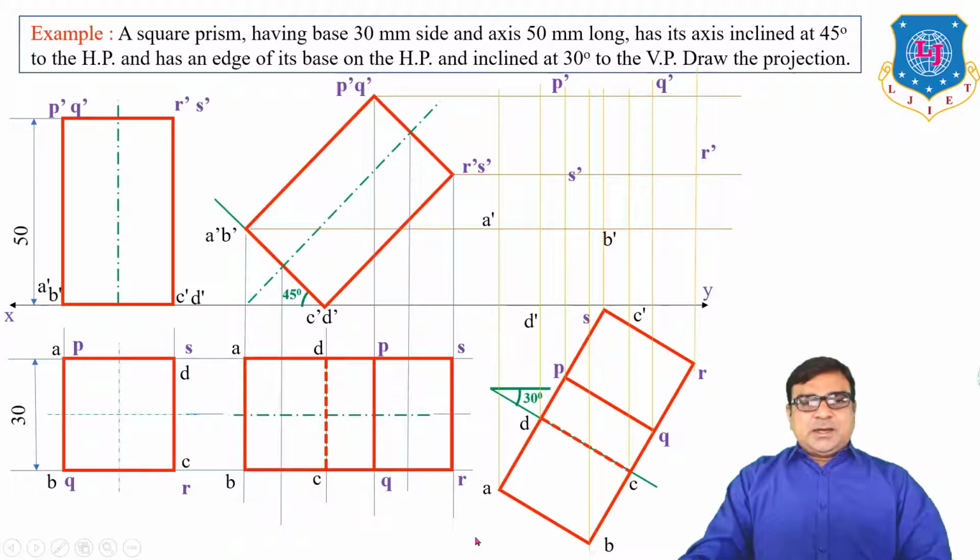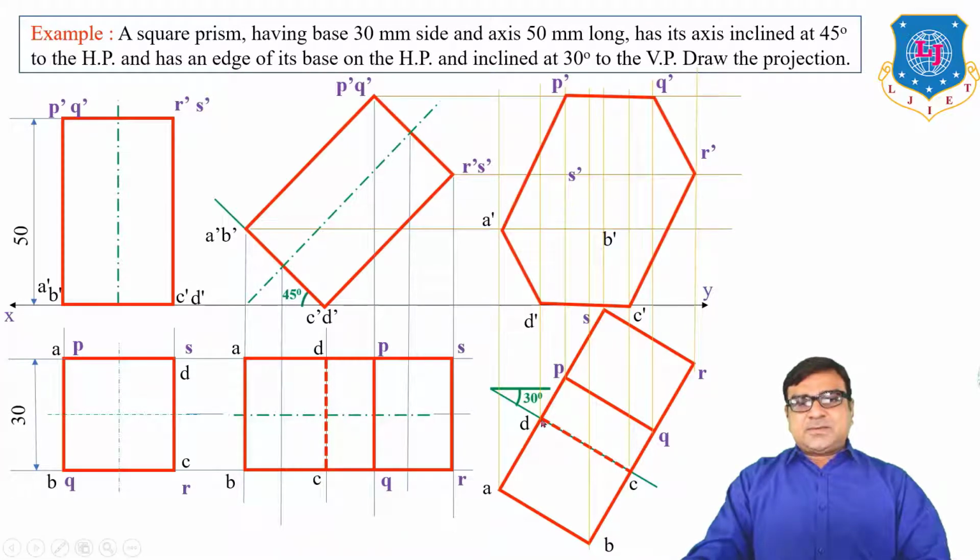Now this is a square prism, so in total there are 12 lines. First of all draw the outer lines, then the base A dash B dash, B dash C dash, C dash D dash and D dash A dash must be full lines because the base moves towards the observer. When you draw this figure, what happens? CD is 30 degree inclined to VP. So in the top view the base moves towards the observer, so the base is always visible.